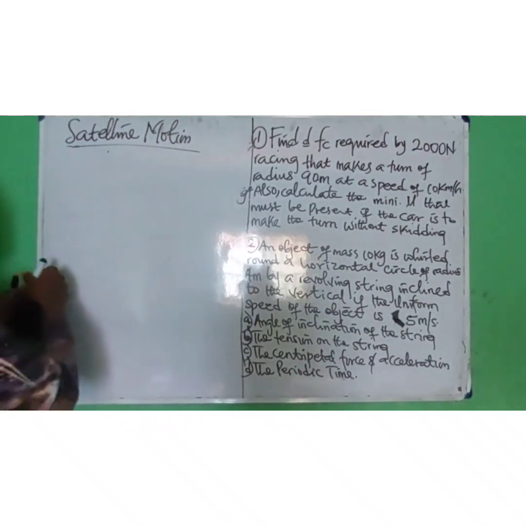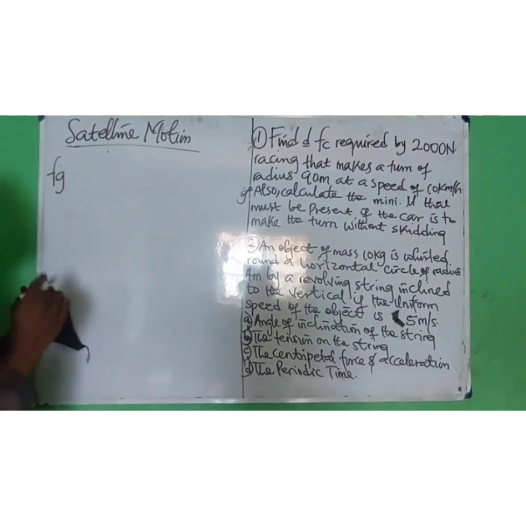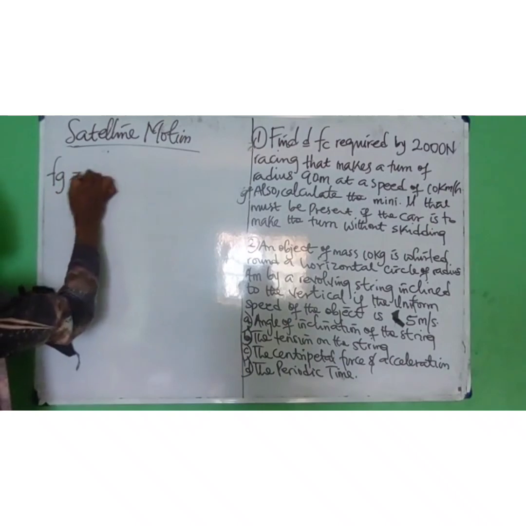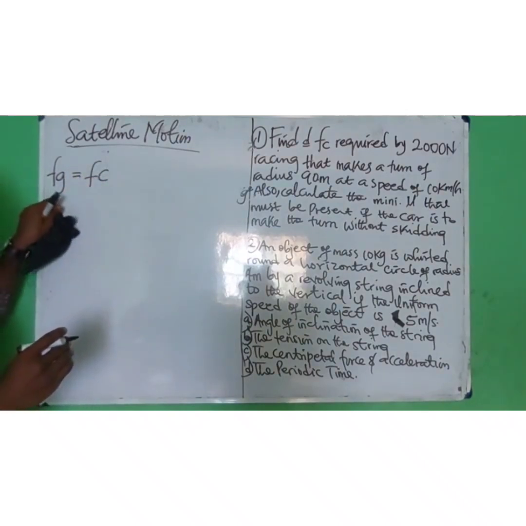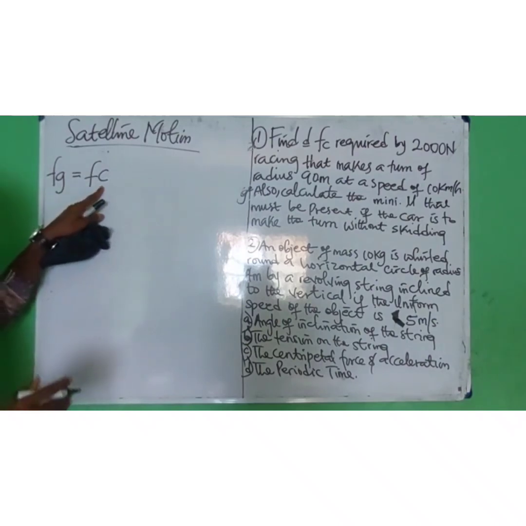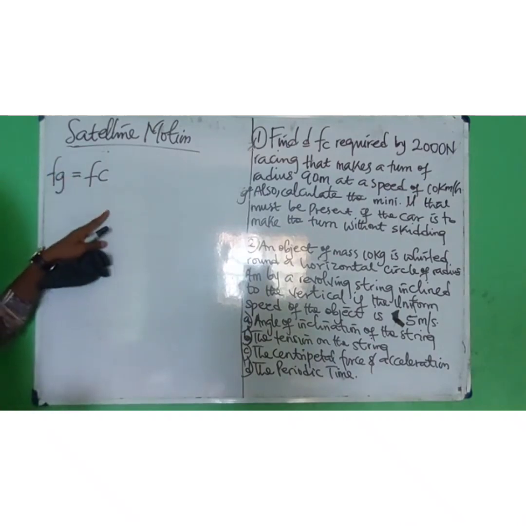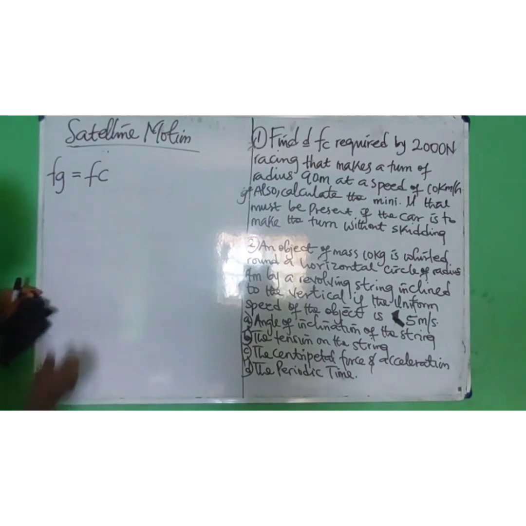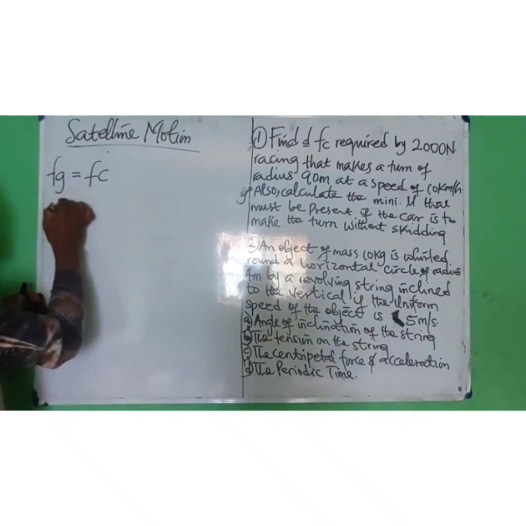It means that Fg, the gravitational force, is equal to Fc, the centripetal force. I told you that it is gravitational force that produces the centripetal force.